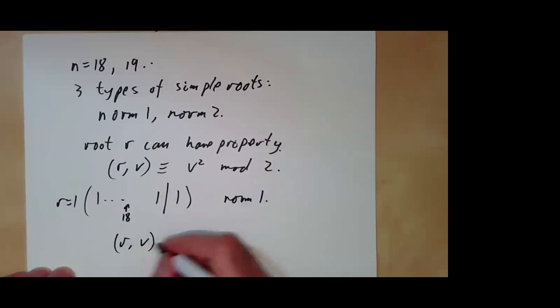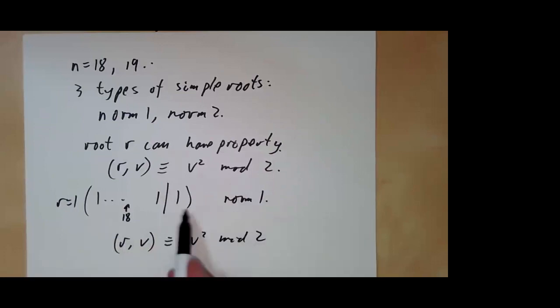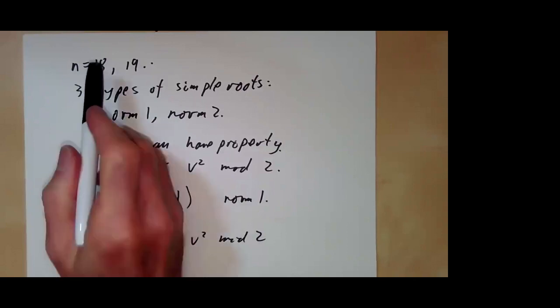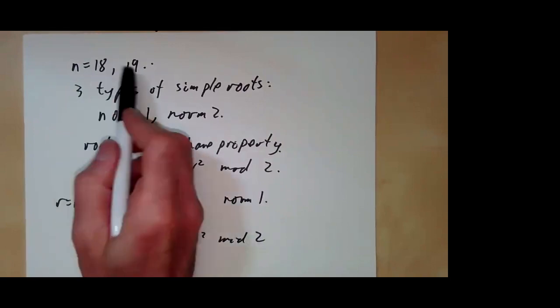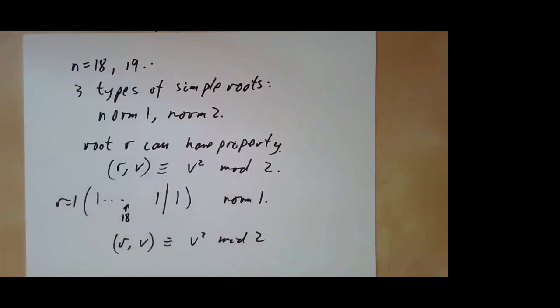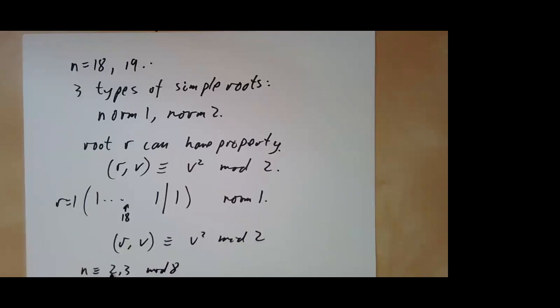So some roots will have this funny property here, sort of fundamental roots of the same norm. And this first happens notably here, n equals 10 and 19. It tends to happen whenever n is congruent to 2 or 3 modulo 8. So for n equals 2 mod 8, we'll get norm 1 roots with this funny property, and for n equals 3, we get norm 2 roots.